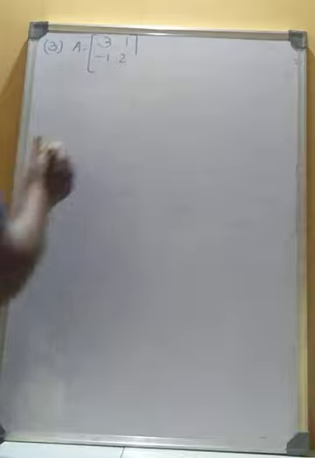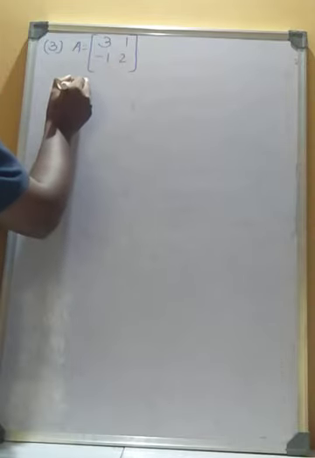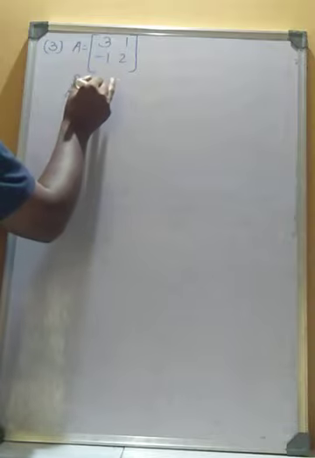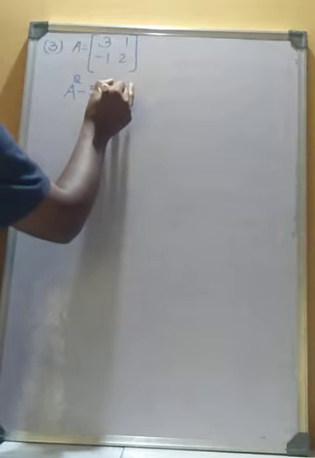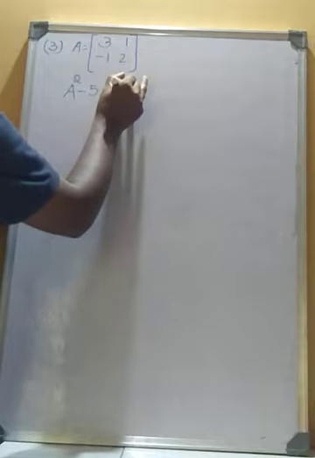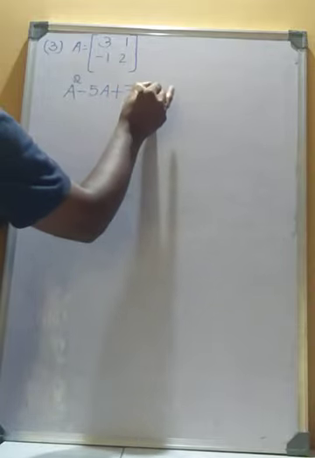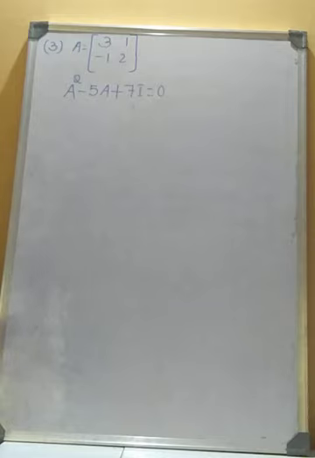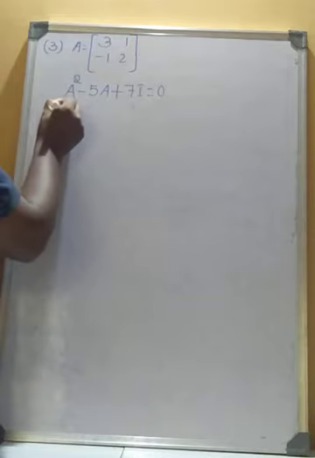So using that equation, consider A square minus 5A plus 7I equal to 0. Then I am multiplying A inverse on both sides.